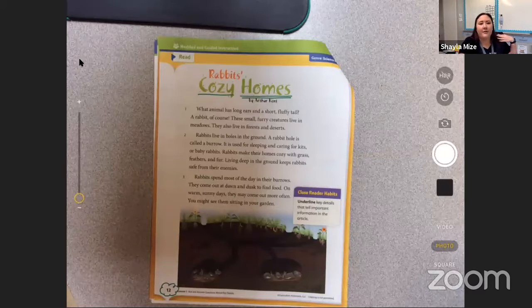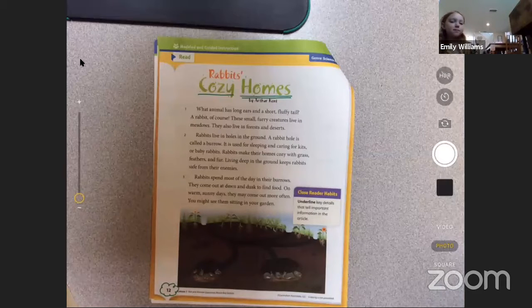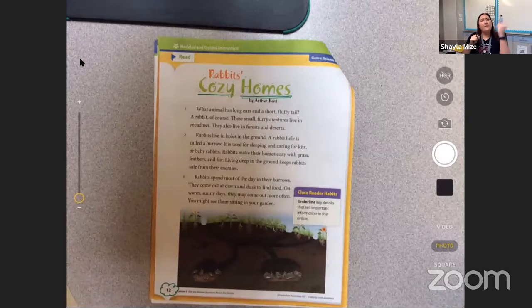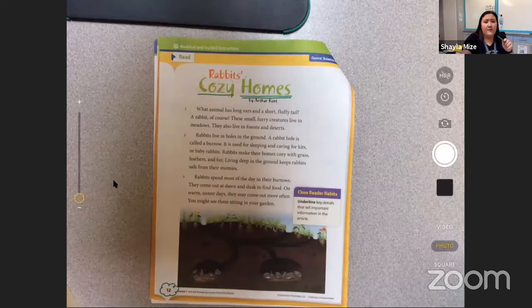Good. Emily, what's one thing this article is about? Rabbits. About rabbits. And going off of what Emily says, what about rabbits? Emily, get yourself muted, please. What about rabbits?